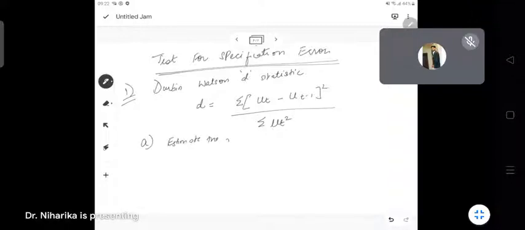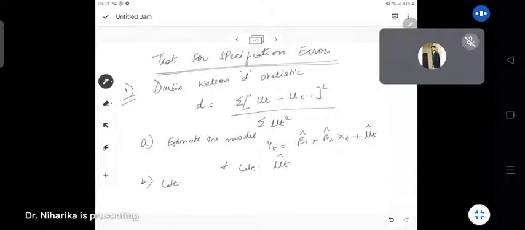So now the steps under this are: estimate the model, y t equals beta 1 cap plus beta 2 cap x t plus mu t cap, and calculate mu t cap. Second step, calculate D statistic by using this formula.